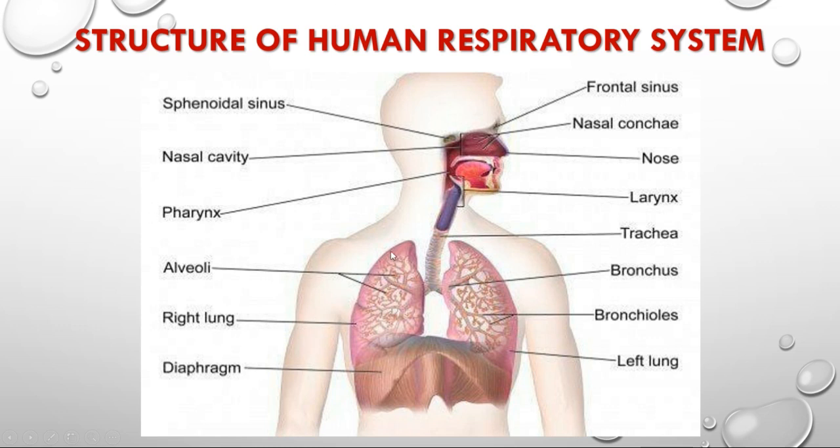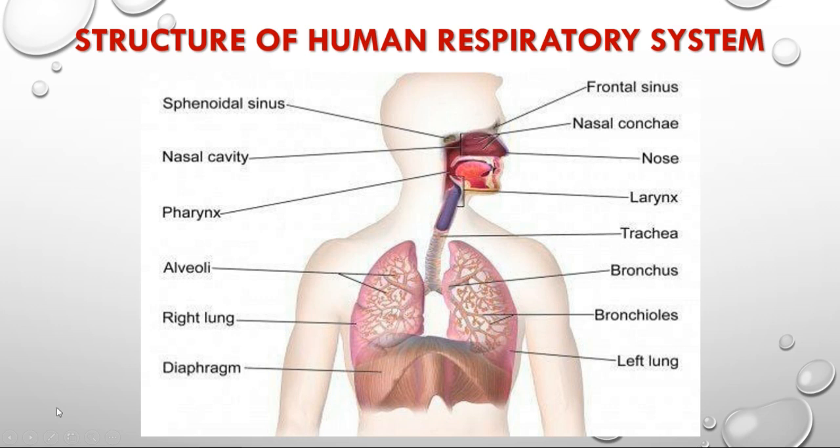The surfaces after the bronchiole ends, which help adjoin the bronchioles to the lungs, are known as the alveoli. This is the pharynx, this is the nasal cavity, and this is the sphenoidal sinus, and this is the diaphragm, which expands when air moves in and becomes smaller when the air moves out.